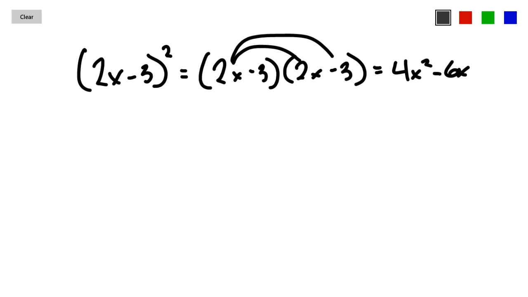And then I have my inner product, which is going to be another minus 3 times 2x, which gives me another minus 6x. And then the last product is going to be the minus 3 times a minus 3, which gives me a plus 9. Now the next step is to combine like terms. The 4x squared stays the same because there's no other x squared terms.